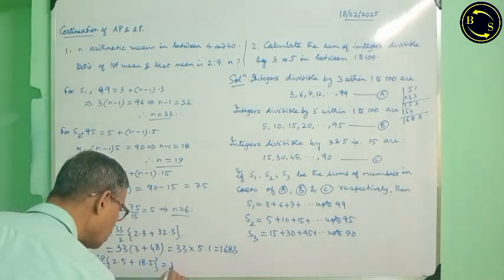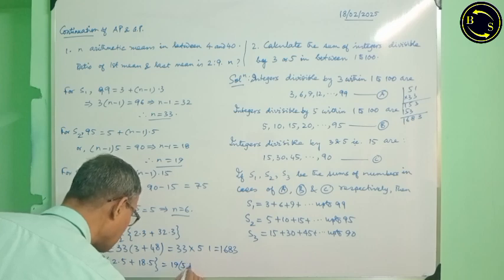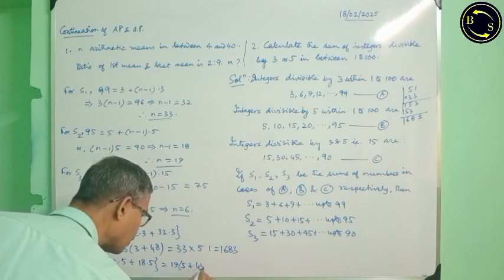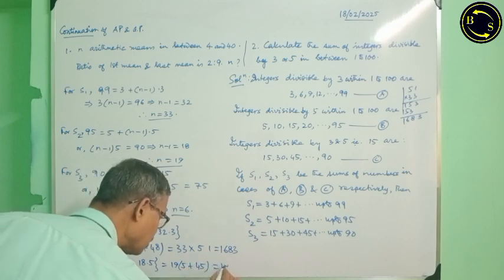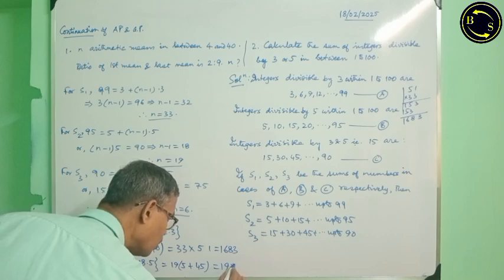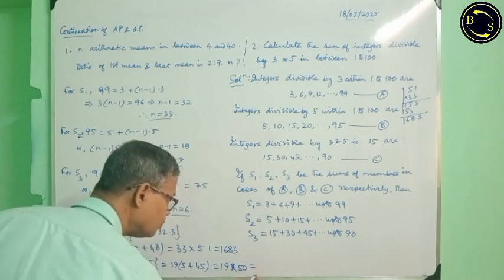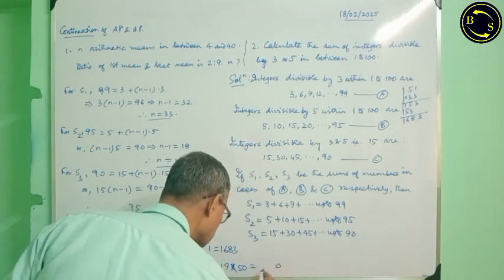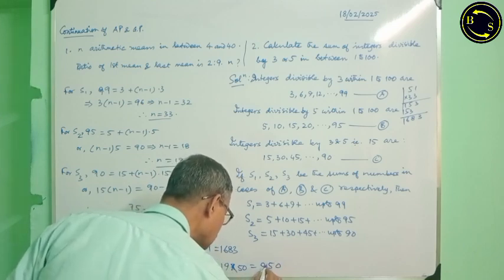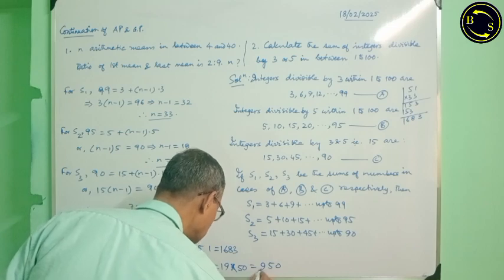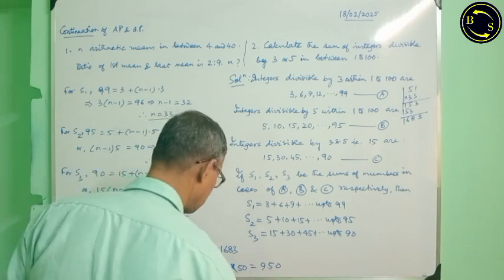That means 19, 5 plus 45, 19 into 50, 950.